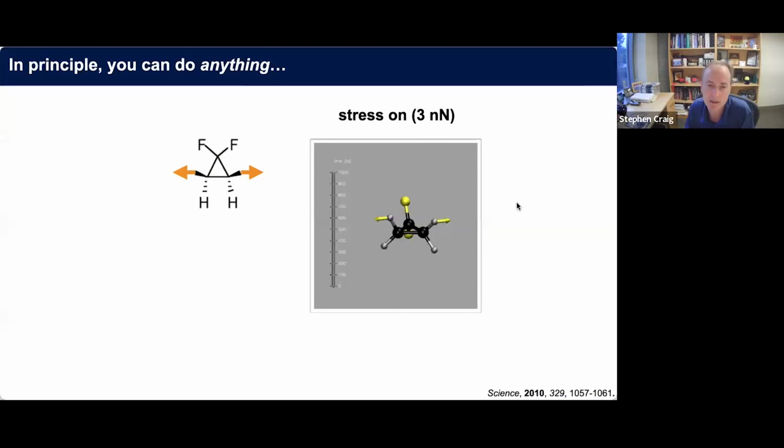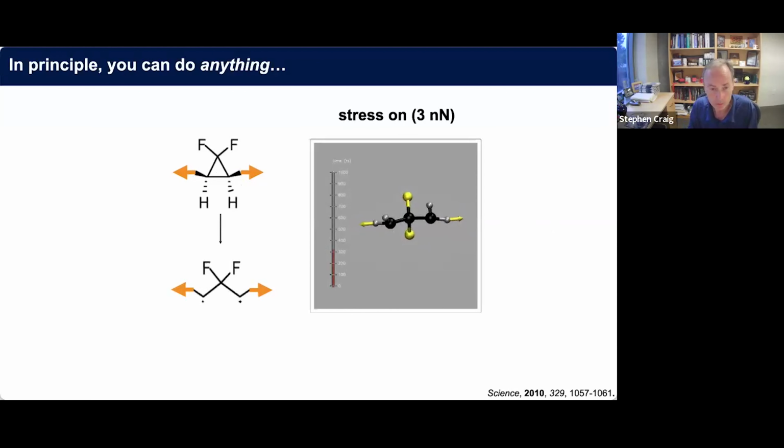And I'll give one example of what I mean by that here. And that's in terms of this difluorocyclopropane mechanophore. If you pull on these adjacent positions in the ring, what we see experimentally is consistent with the molecular dynamics simulation that I'm showing here in the movie. That cyclopropane ring will now open to a 1,3 diradical, where it's essentially trapped under a high force of tension.